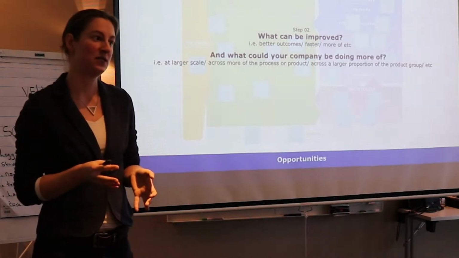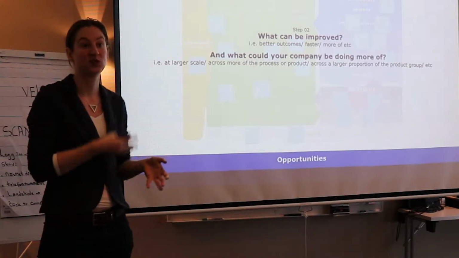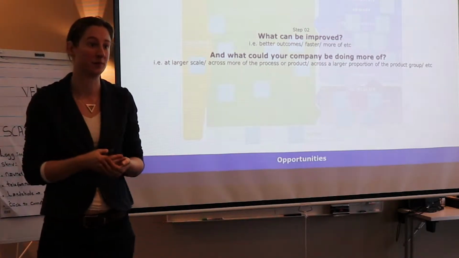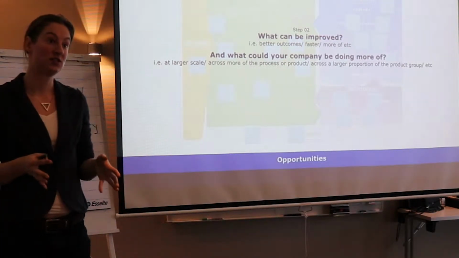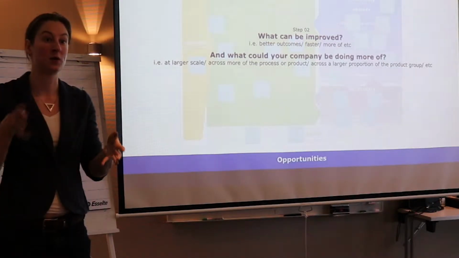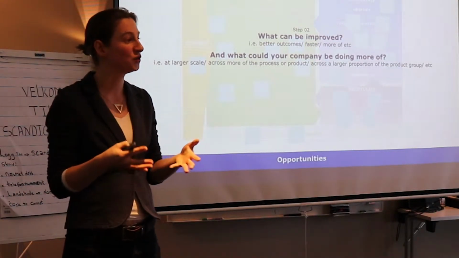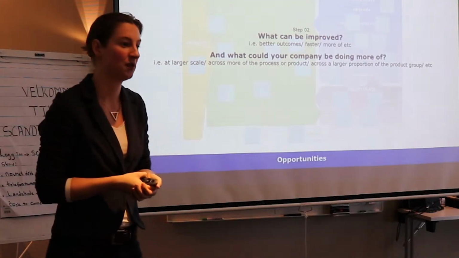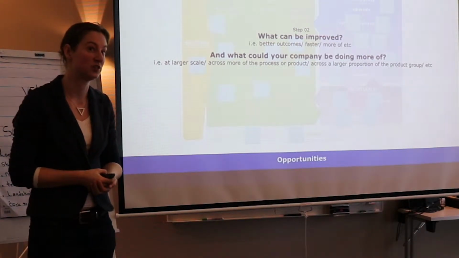And then the next step is what can be improved. So can we improve some of the outcomes of those strategies? Maybe we can do more of them. We can scale them within our company. And maybe there are other strategies that we could also be considering, that we could add, and that way we build a circular system. We really search for where those strategies can come together and create synergies, both in line with our interests as a business and with resource efficiency more generally.